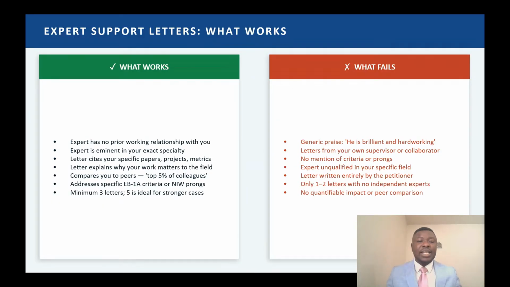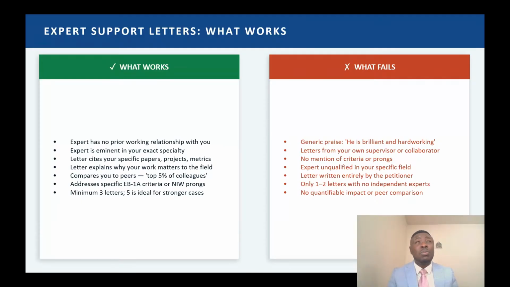Now let's look at expert support letters or recommendation letters: what works and what does not work. We're talking about independent recommendation letters now.